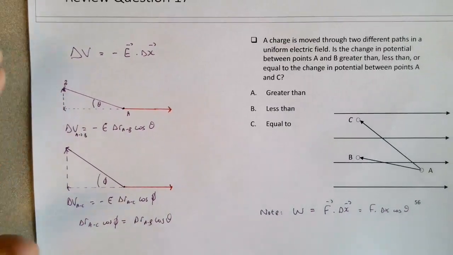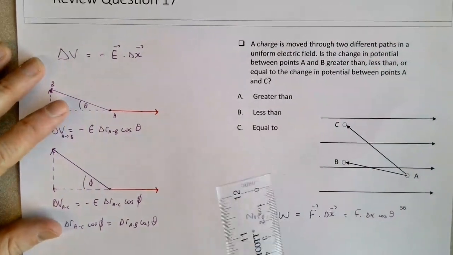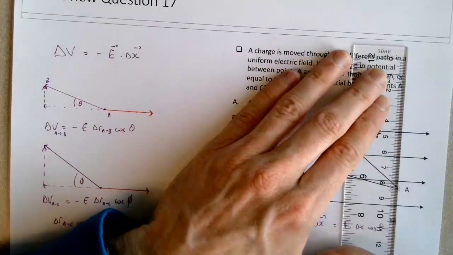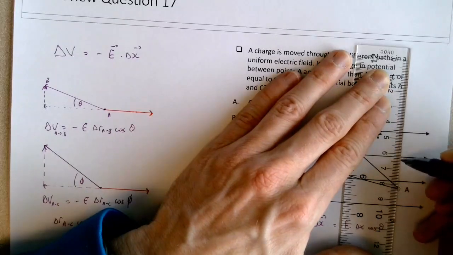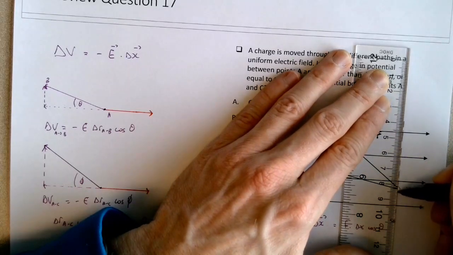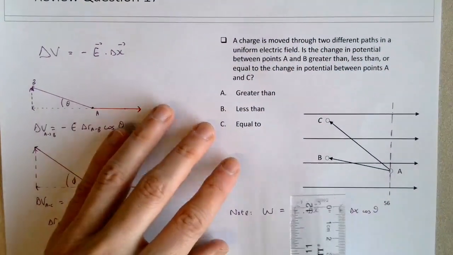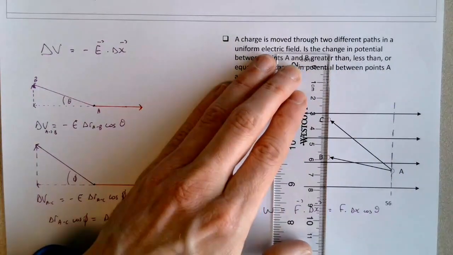But I guess this could have answered this question a little bit quicker if we think about equipotentials. Equipotential lines are always drawn perpendicular to the field. So we can draw an equipotential line that point A lies on. Sorry, I drew that kind of crooked. It should be exactly perpendicular to the field lines.